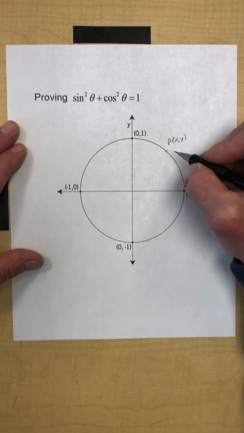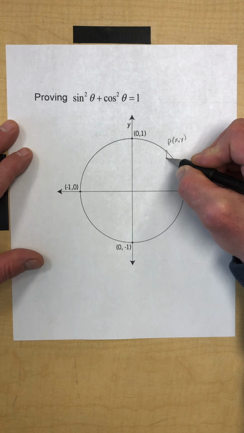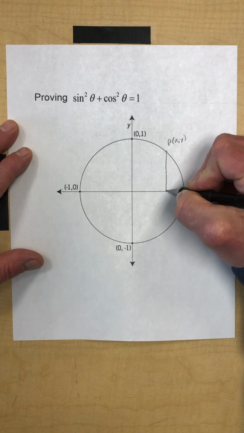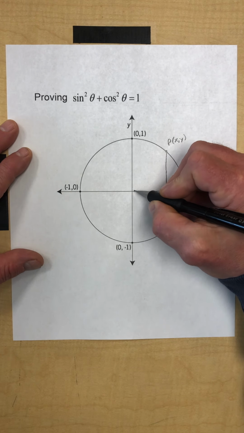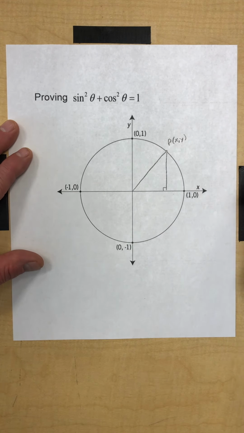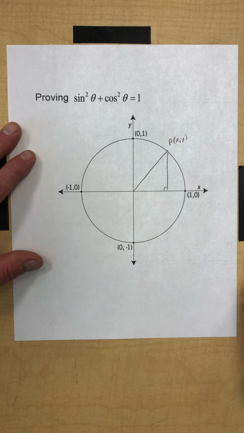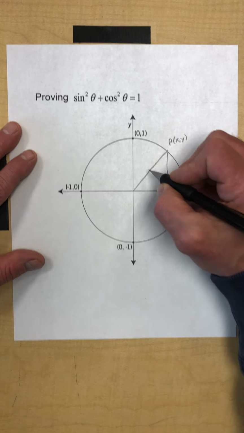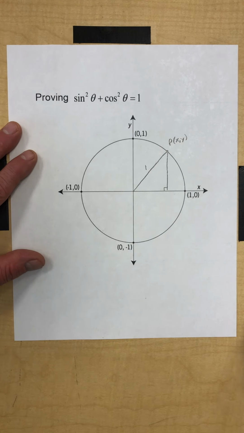If I drop a vertical line down to form a right angle, and then draw the radius to that point, we know the radius is 1 because we're on the unit circle.